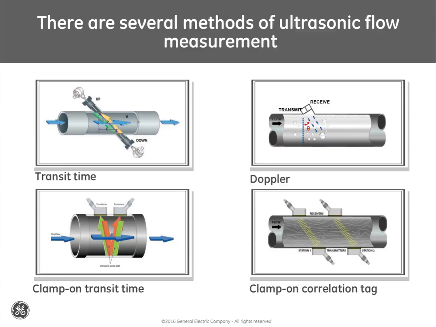Using transit time flow measurements has advantages since it can measure zero flow. With no flow, transit time up will be the same as transit time down. Also, with transit time measurement, the sound speed of the fluid is calculated and can be used for diagnostics and troubleshooting. Sound speed is the time a sound wave takes to propagate through a fluid.